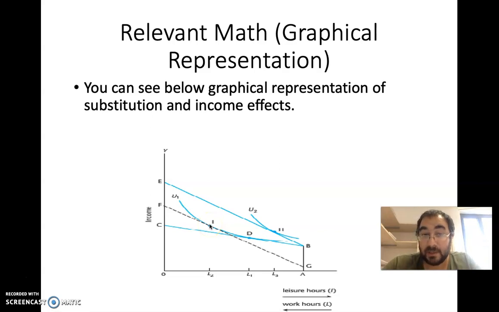On this new budget line, because our income is less and our leisure is the same, we prefer to increase our labor time a little bit and have a higher level of income. So our new point, the optimum labor time, will be L2 in this case.